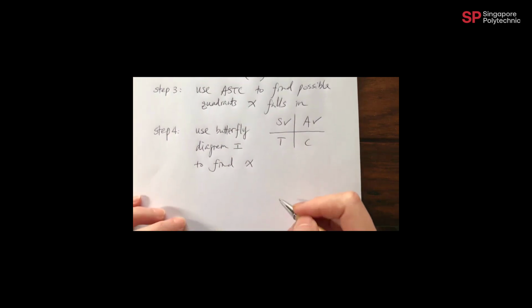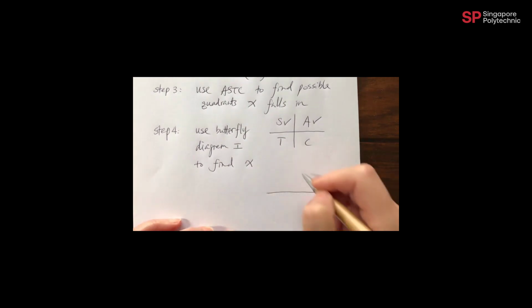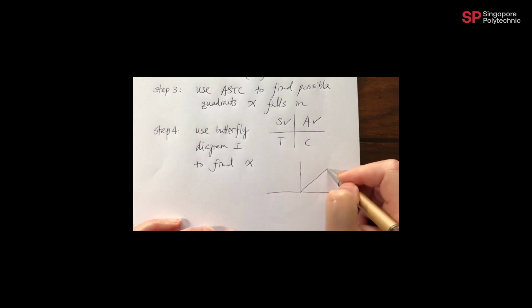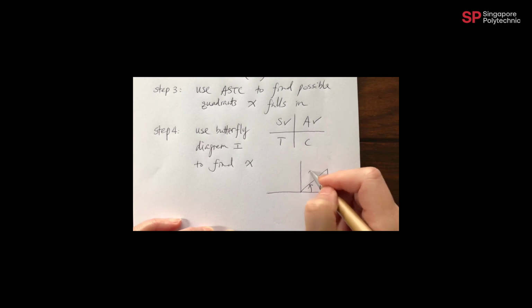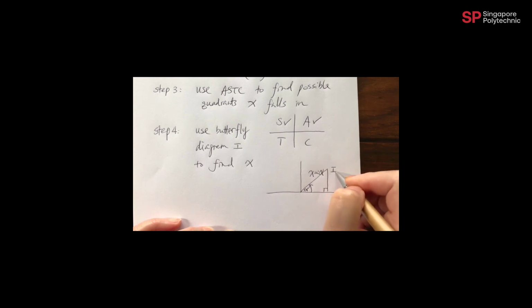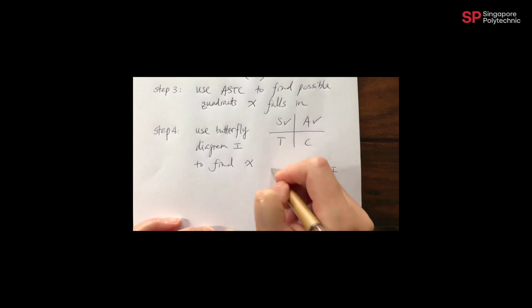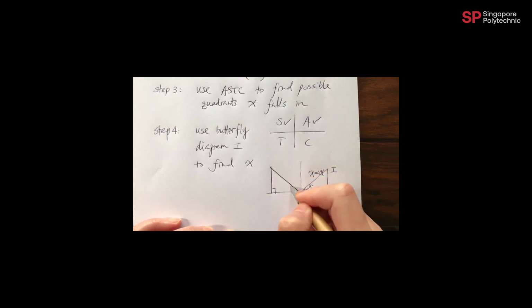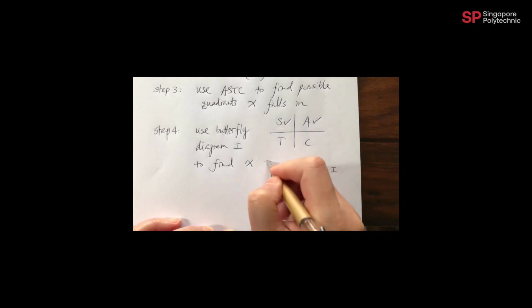So according to butterfly, in the first half, this is what we know. If this is where x stops, angle alpha is here. So x equals alpha. That's in our quadrant 1. And if it's in the second quadrant, this is our angle alpha, and this is where the x stops.